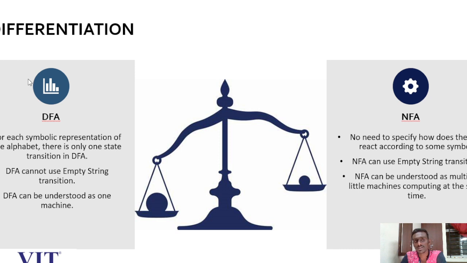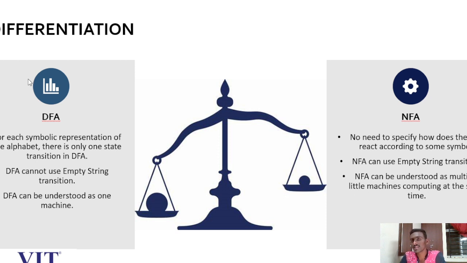In NFA, there is no need to specify how the NFA reacts to some symbols. DFA can't use empty string transition. This is very important to note. DFA can be understood as one machine.